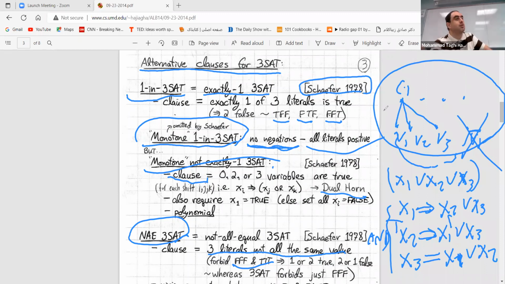We use this to prove that something is hard for graphs. You can even consider the planar version: this bipartite graph should be planar. You should be able to draw it in the plane such that no two edges intersect. We can show that even that is hard, and we use it to show that some problems on planar graphs are hard.